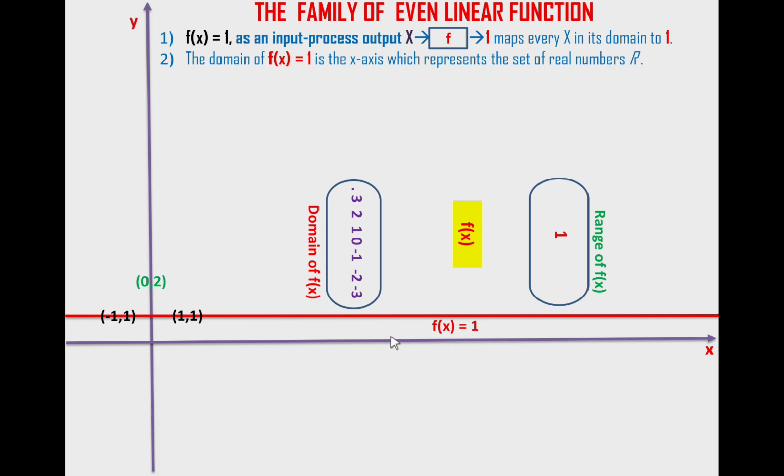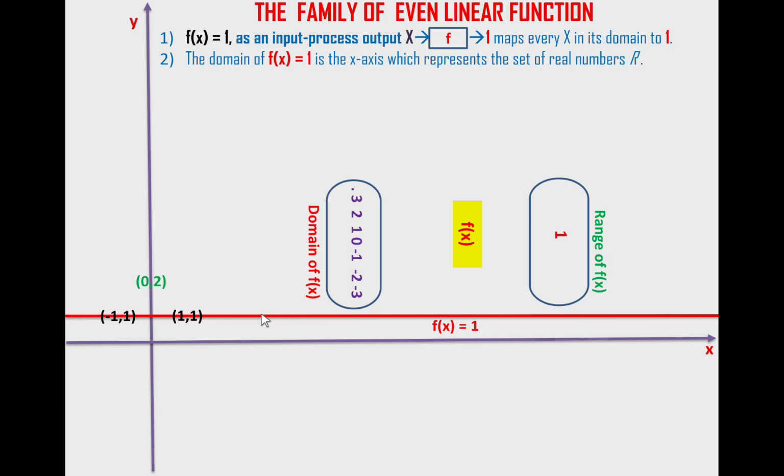Whatever the value of x is, be it a large number, a small number, 0, or a large or small negative number, each and every value in the x-axis will be a candidate for input to the function, but the output based on that input is going to be equal to 1, constant.